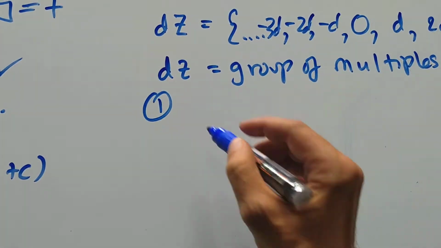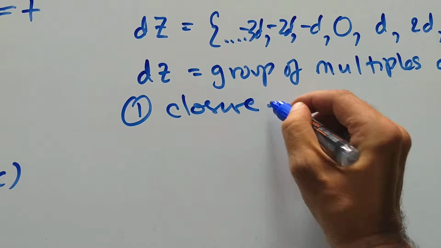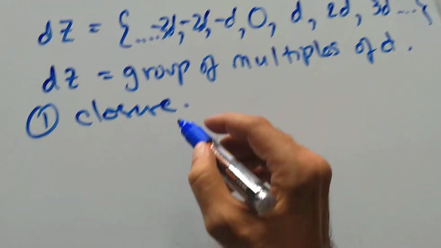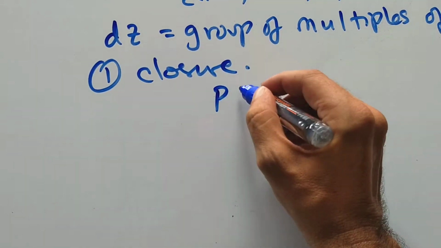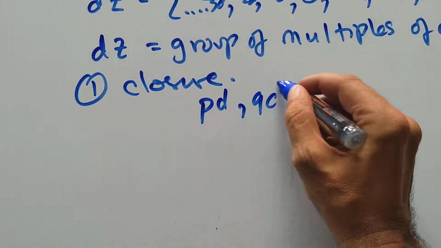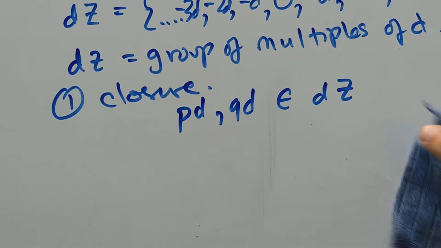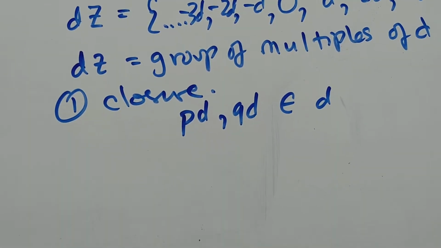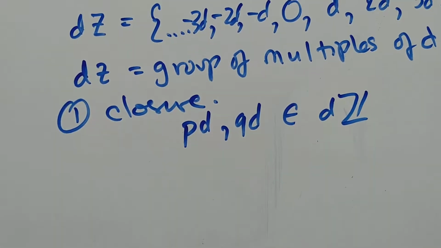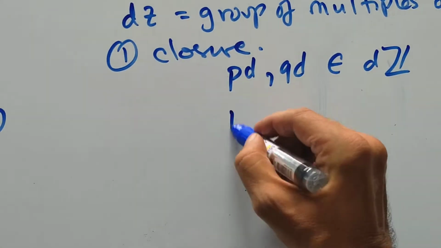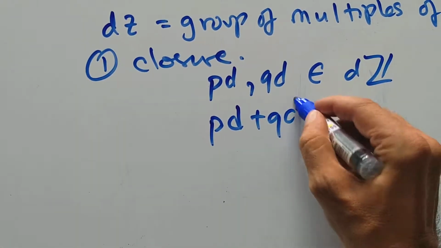Let's prove it. 1, closure. I have two multiples here. Let's take two elements, PD and QD. They're both in DZ. I should write it that way with the double line. And if I add this together, PD plus QD, I combine them together.